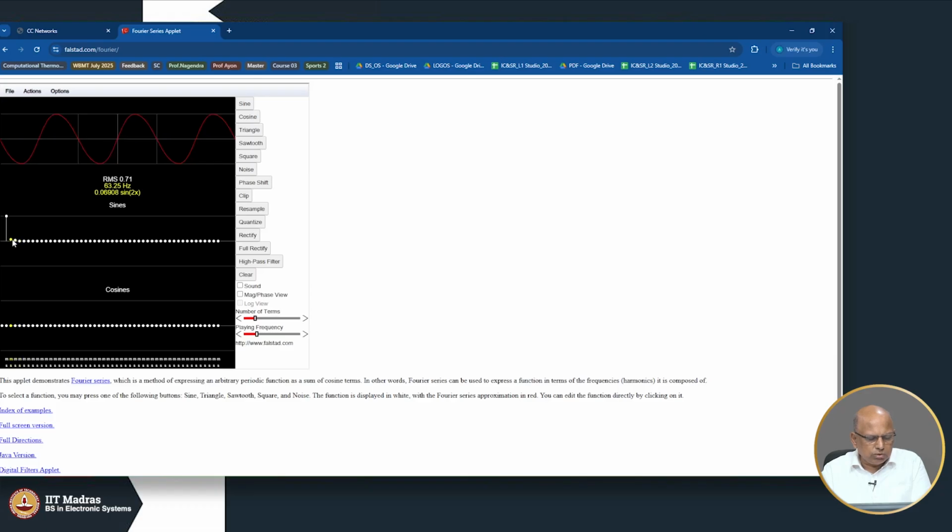But if you can do the Fourier analysis, then it is very easy for you to figure out how much the nonlinearity is and whether it is acceptable or not acceptable, right. So, this is a very nice website, fallstar.com. So, please play with it, so that you can understand. All right.